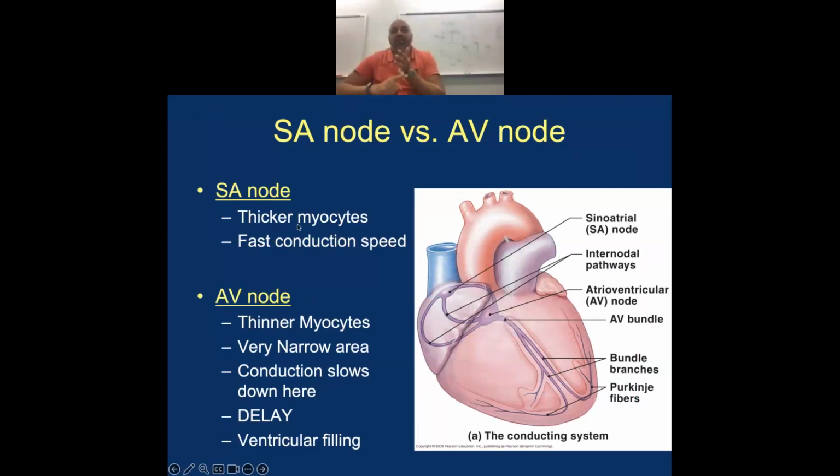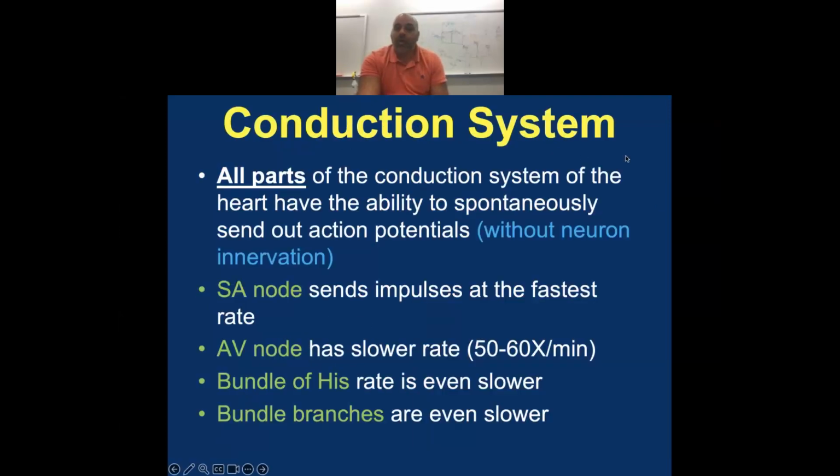So in the SA node, the myocytes are real big so that we can let it fly through, versus the AV node, thin and few, so we can slow down that electricity pulse. It's like a big wire versus a little wire. The amount of electricity through the SA node: big, fast, data flying, versus small wire. Okay? It's like cable and dial-up.